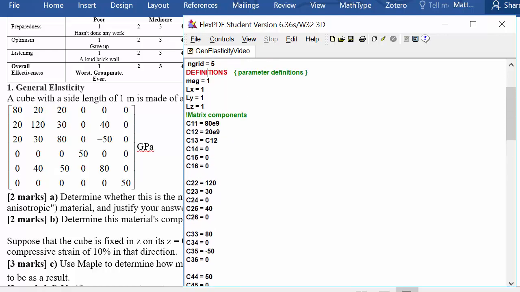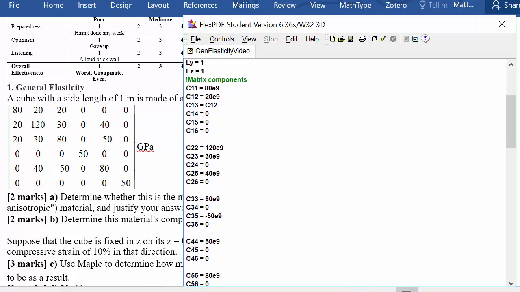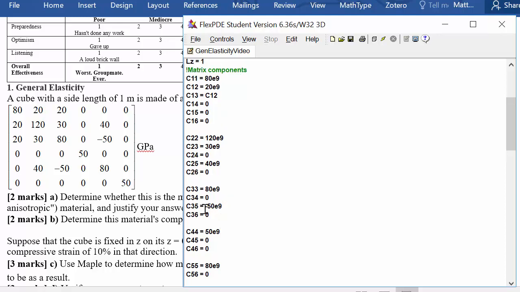Oops, I guess I need gigapascals for all of these. So let's just put down E9, E9, E9, E9, E9, and E9. Okay, so is everything correct? 80, 50, negative 50 for the 3,5, 80 for the 3,3.